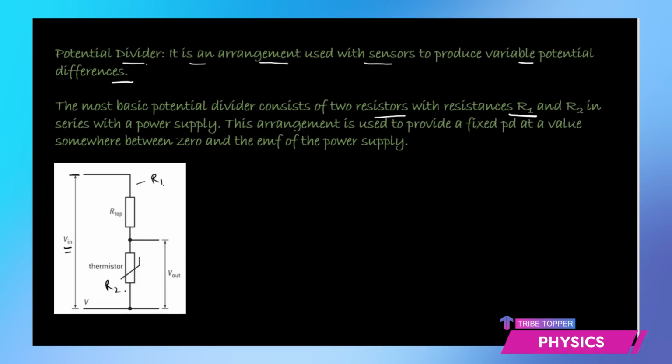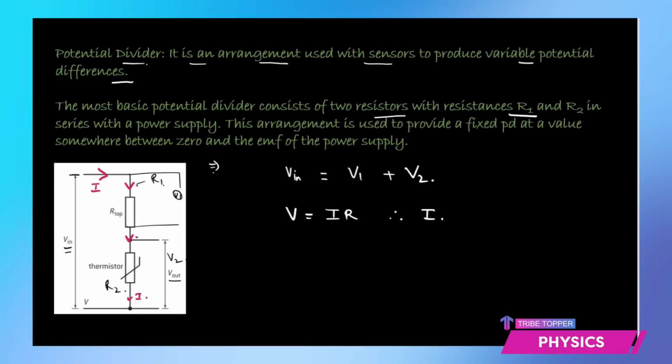So let's apply the combination of resistors in series here. We have a total input voltage V in, which gets divided as V1 and V2. V1 across the first resistor, and the other one is going to be V output, which is V2. So the total voltage V is going to be I times R. Therefore, the current I that flows in the circuit enters and the same current will flow through the first resistor and then through the second resistor.